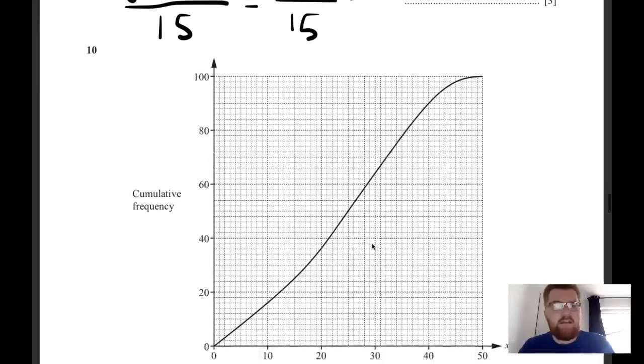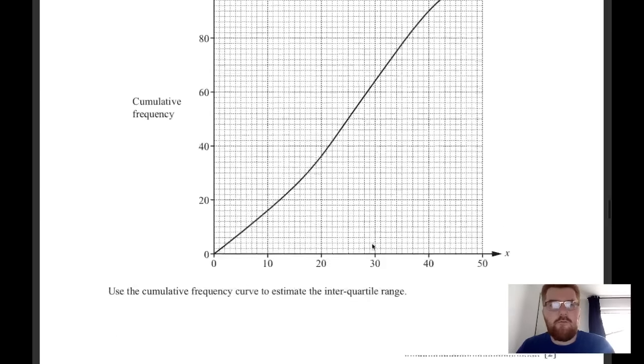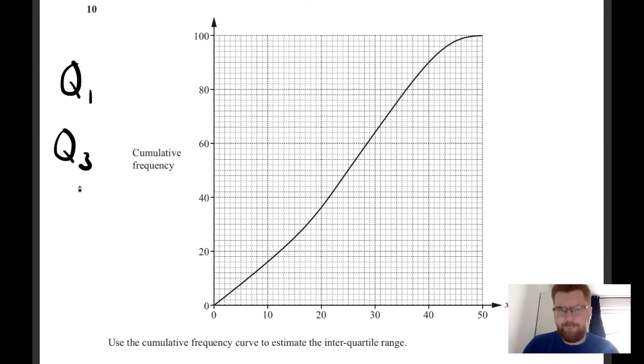Okay, question 10. So we're going to use the cumulative frequency curve to estimate the interquartile range for 2 marks. If we look at our data, our cumulative frequency goes all the way up to 100. Now, strictly speaking, to work out the lower quartile, so you might see this on your calculator as well, this is your lower quartile, Q1, and your upper quartile is known as Q3.